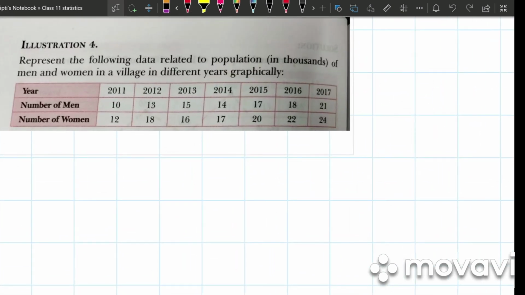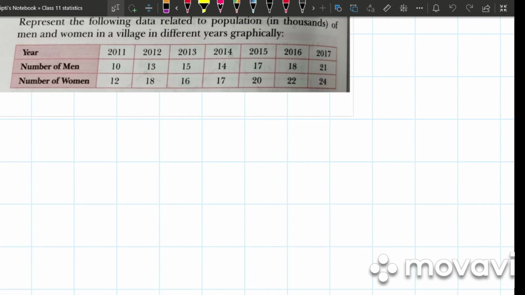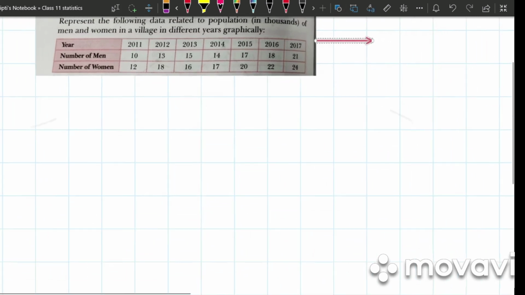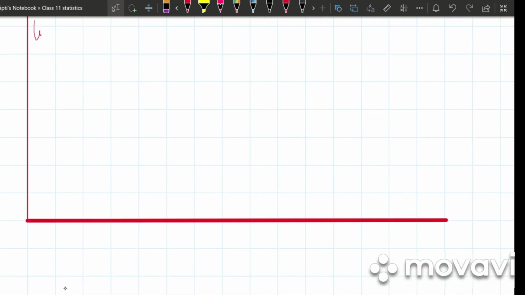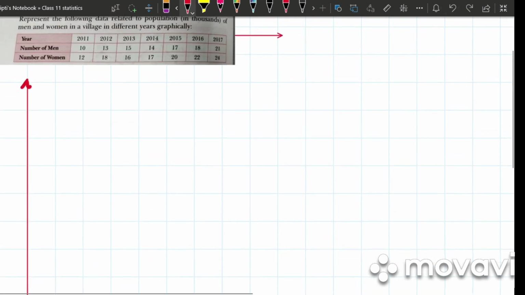Next, let's go on to illustration 4. Represent the following data related to population in thousands of men and women in the village in different years graphically. So they have given us year, they have given men and women. So again it is a 2 variable graph. So what does a y-axis denote?